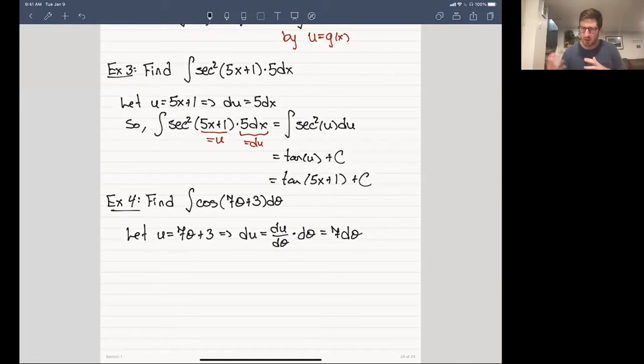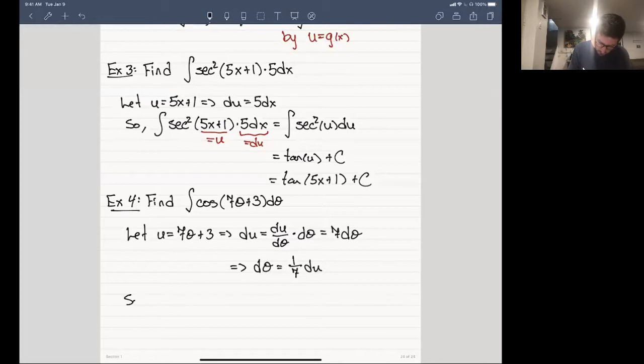We don't have to do that multiply and divide by 7 every single time. I can just rearrange this formula right here. I can actually isolate for d theta because that's all that I have. And I can say that d theta is equal to 1 over 7 du. This has the same effect as multiplying and dividing by 7, right? Go back to that second example and see for yourself.